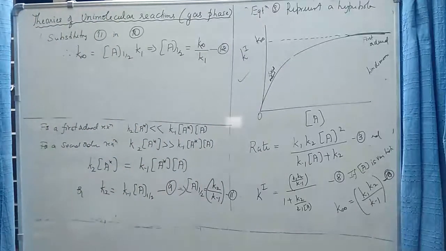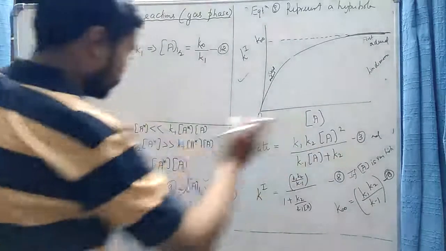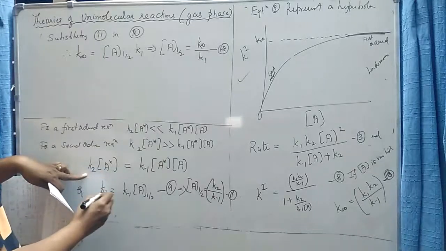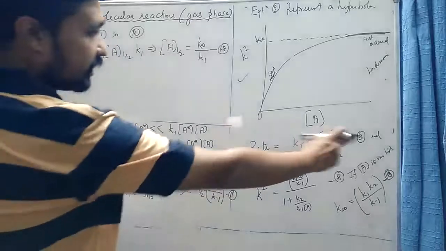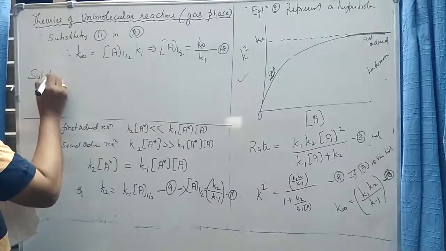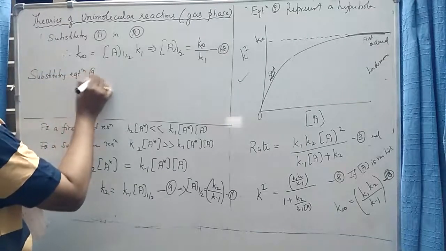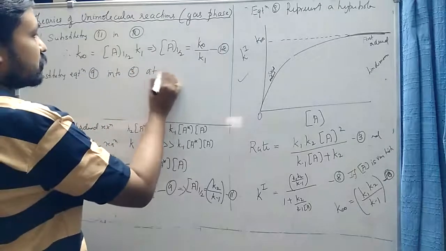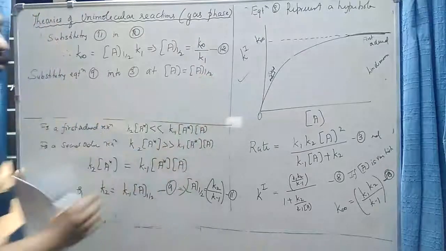Now the rate of this reaction is given by equation 3, and you have a condition here, that K2 is equal to K minus 1 into A half. So if I substitute equation 9 in equation 3, what happens? Substituting equation 9 into equation 3 at A equal to A half. What does it mean?